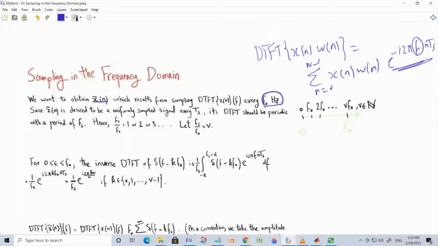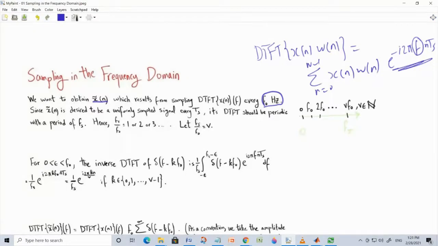So we want to sample the spectrum and preserve this periodicity. We want the resulting sampled spectrum to repeat every Fs, so we do not change the nature of the signal in the time domain. We still want x tilde of n to be sampled every Ts.